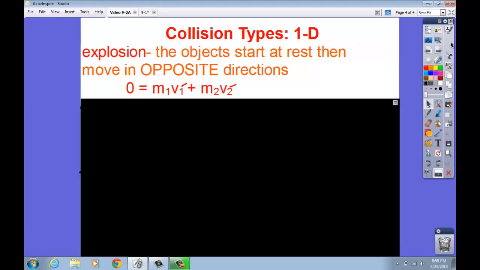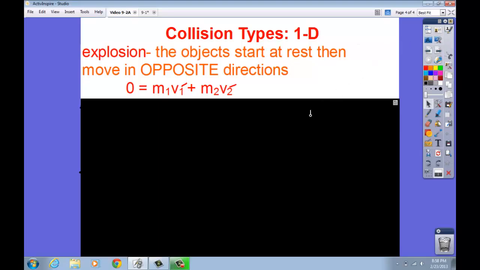If I have more mass, I'll have less acceleration. If I have more mass, I would also have less speed, or vice versa. So anytime you want to know about an explosion, you set one object as object 1, one object as object 2, and then you simply plug it into the equation.